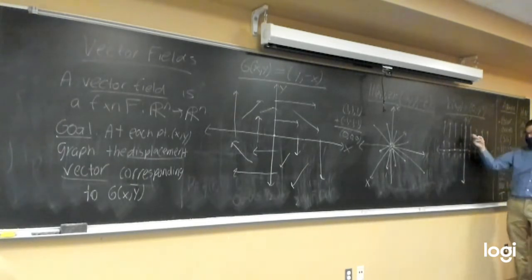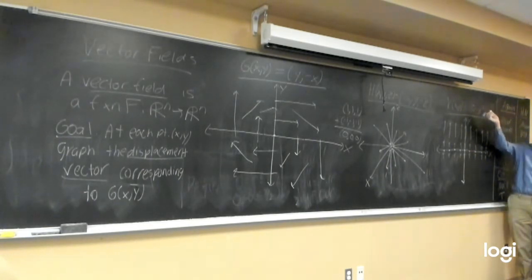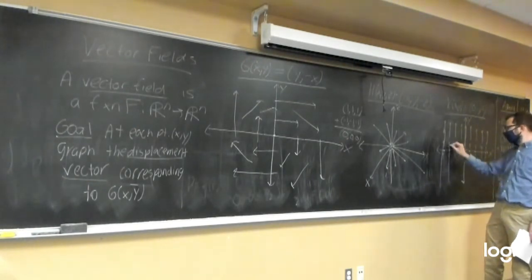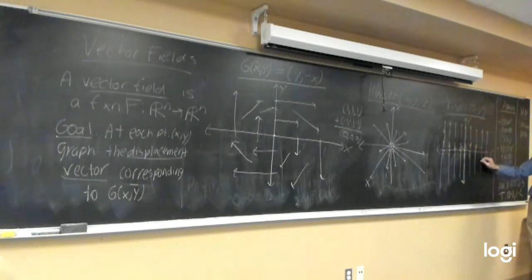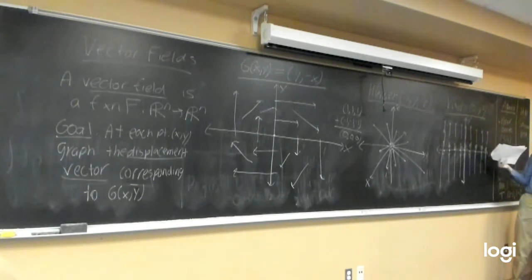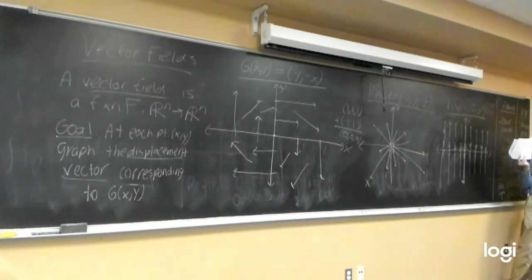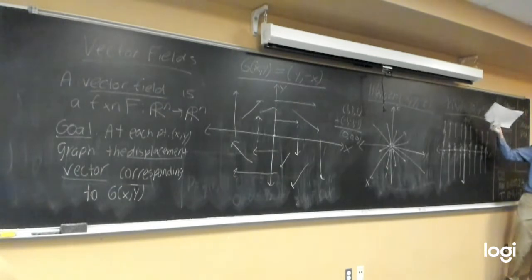But for points starting with very negative y-coordinates, when we plug them into our vector field, the output is going to have a very positive y-coordinate. Which would give us a scenario like this happening. But in any case, as long as we're starting at a point that's not on the x-axis, we're going to get an arrow that's pointing straight upwards, corresponding to 0, y squared, having a 0 x-coordinate and a positive y-coordinate.